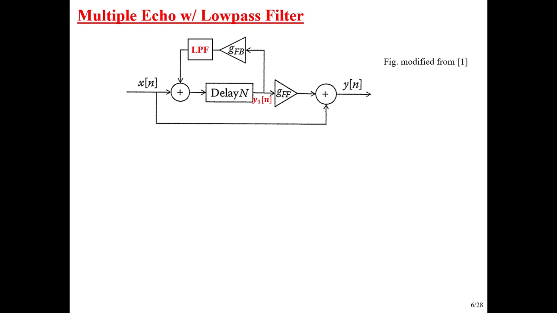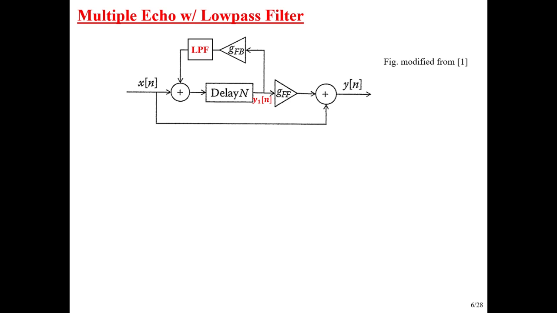The analog electronics used in these so-called bucket brigade chips caused a degradation each time you went through the delay line: the signal would get degraded a little bit by a low pass effect, so the highs would get rolled off.